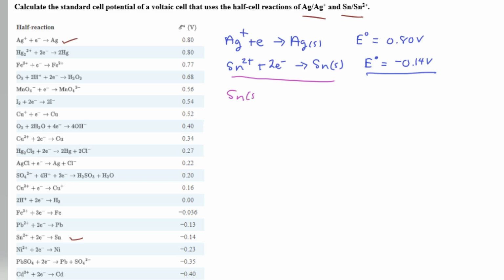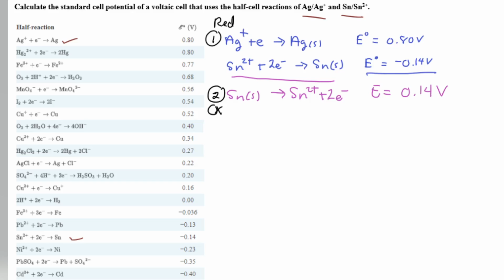Tin solid goes to the ion. And what does that do to the cell potential? It changes the sign to a positive. So in that regard, I would want to call the silver the reduction. So this is the reduction half reaction, and the tin is the oxidized.